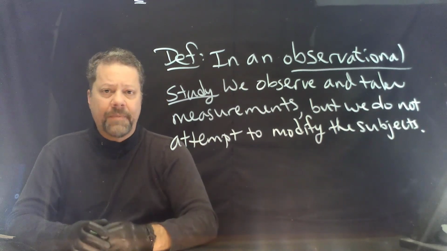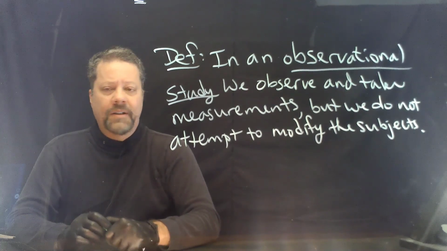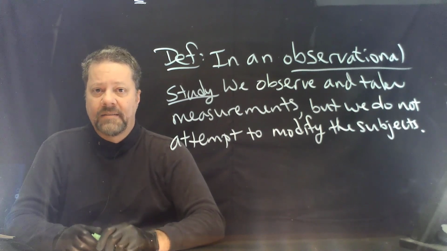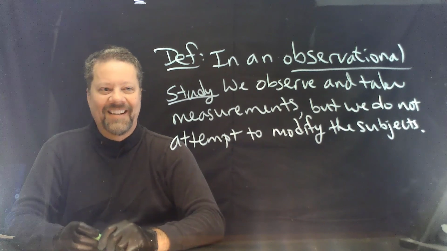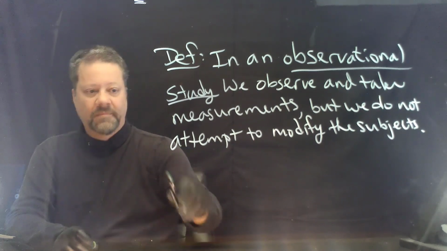You can take data from the subjects, but you don't modify them. So for example, we could take each subject's height, but we're not trying to change their height in any particular way. That would be an observational study.